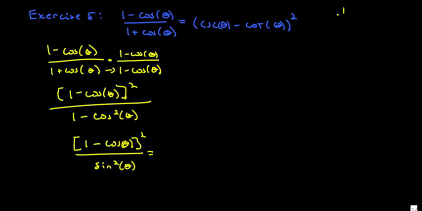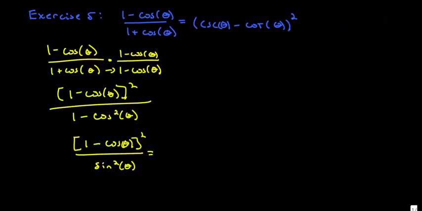So in my head, this guy's 1 over sine, and this guy is cosine over sine. So here, I have a cosine, and I've now got sine in the bottom, which is good because I needed sine in the bottom. So is there any way I can split this guy up?